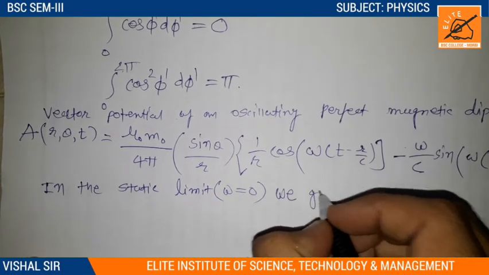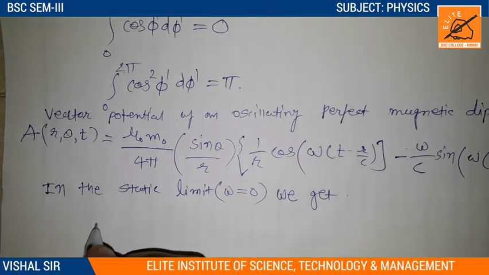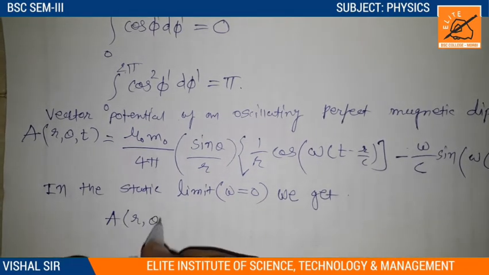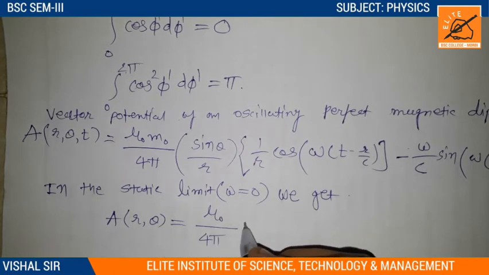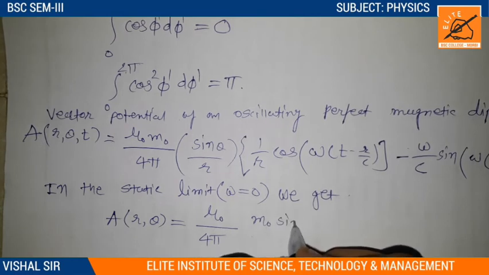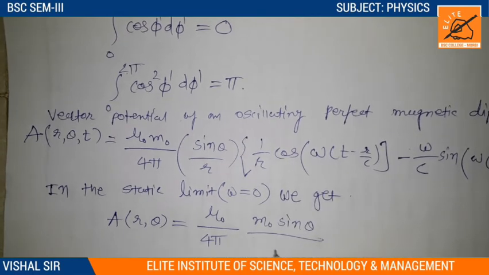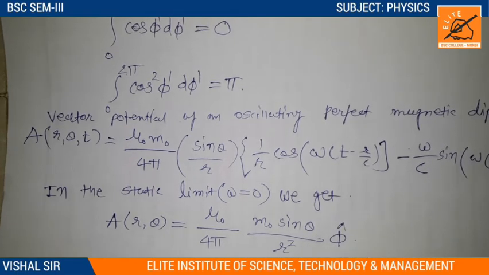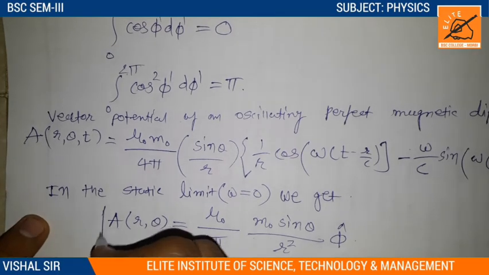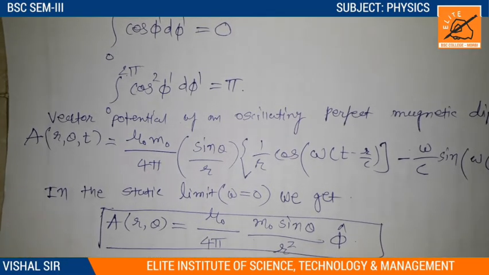Okay, we get A of r comma theta is equal to mu 0 upon 4 pi into m0 sin theta upon r square into phi cap. So this is the familiar formula for vector potential, and it is known as the potential of a magnetic dipole.